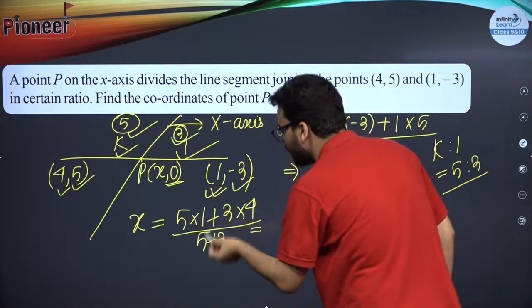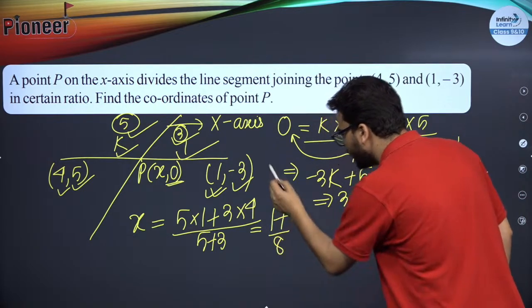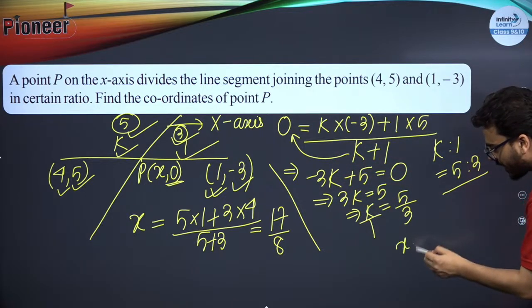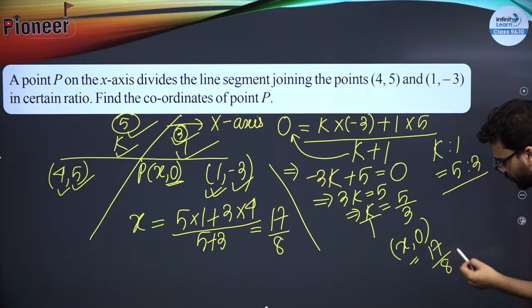So what is this equal to? 4 3s are 12 plus 5, 17 by 8. So therefore the point of intersection over here is what? The point of intersection over here is x comma 0, and that is equal to 17 by 8 comma 0.